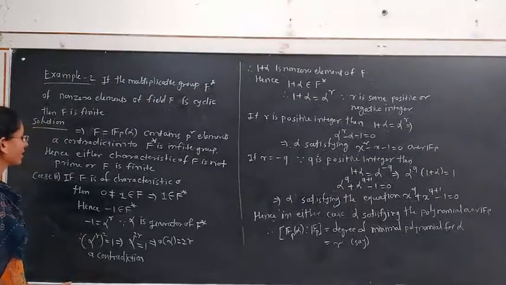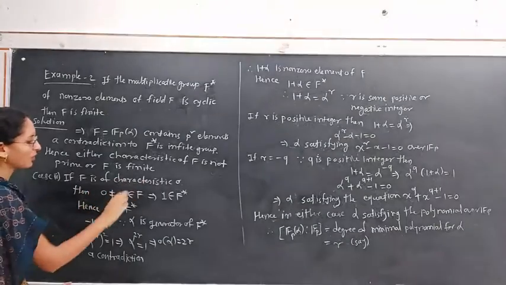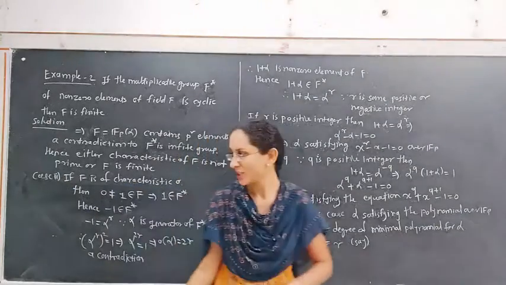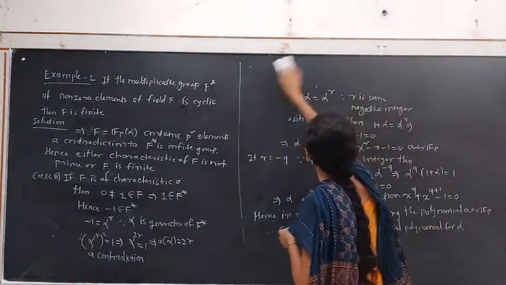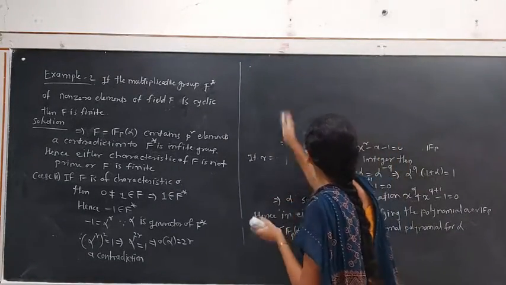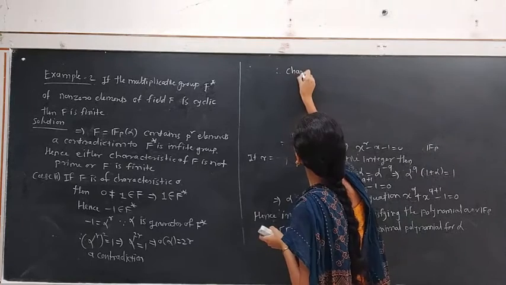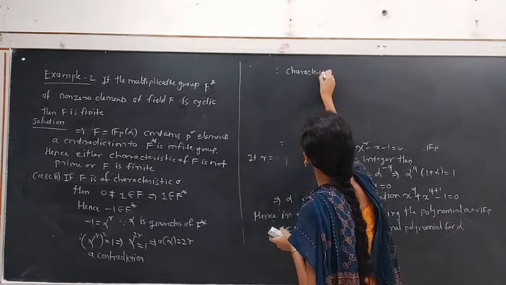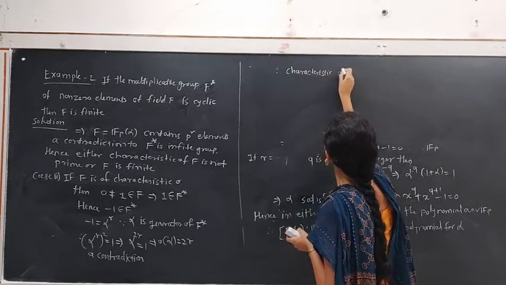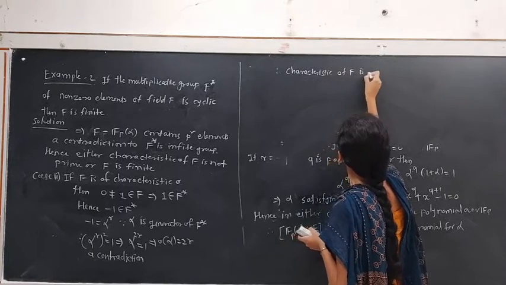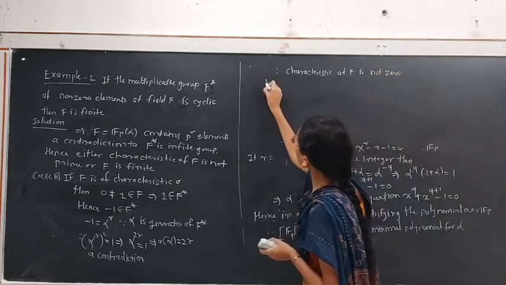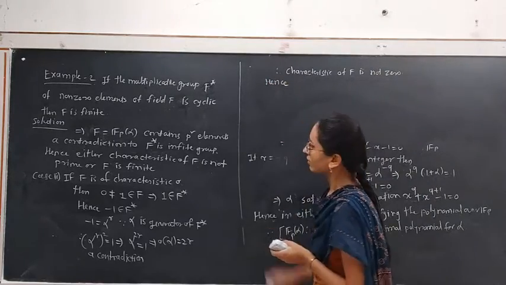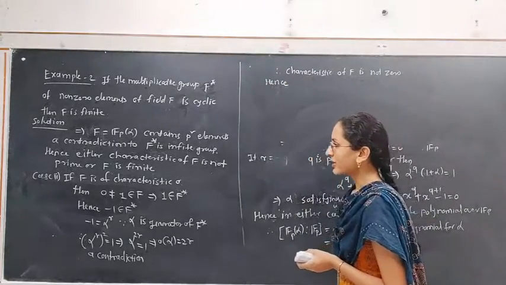Hence, the characteristic of F should not be equal to 0. Our assumption in the second case is that the characteristic of F is 0. Therefore, the characteristic of F is not 0. Hence, F must be finite.